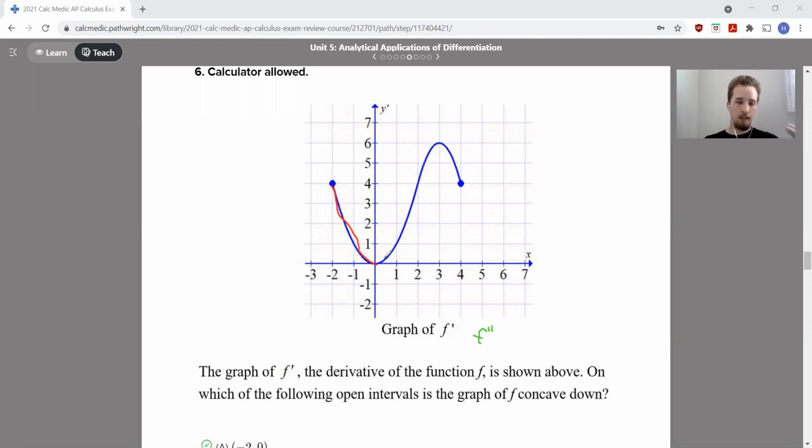So that means on the graph of f double prime, the derivative of this is going to be below the x-axis. Now the slope is increasing here up to here, and the slope is negative here. Yeah, I should be saying the slope's negative from -2 to 0, and it's also negative from 3 to 4.